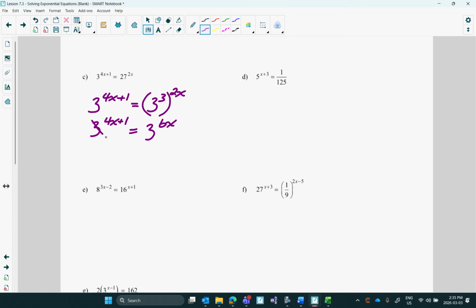Now I'm ready to equate the exponents. So 4x plus 1 equals 6x. I can move the 6x over, get negative 2x plus 1 equals 0. Negative 2x is equal to negative 1, x is 1/2.